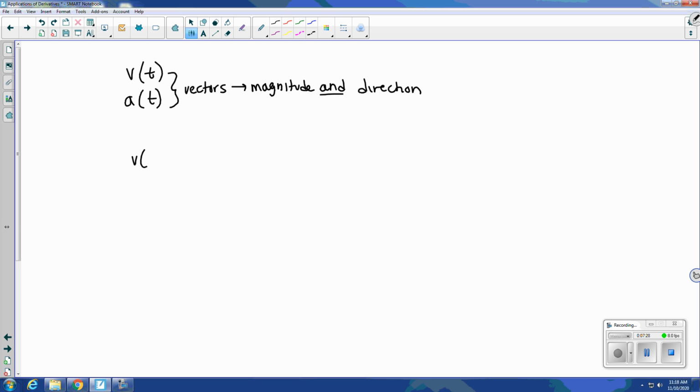And they will be going in the same direction if they have the same sign. So if velocity and acceleration have the same sign at some time t, then the object is speeding up.